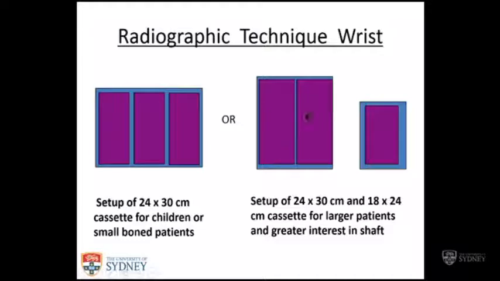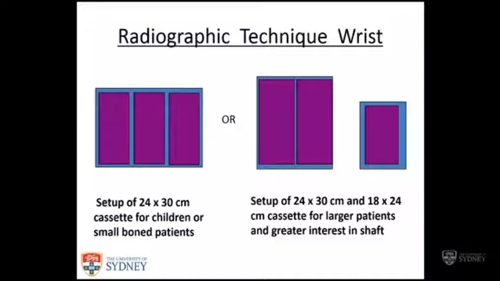But when you've got two on the one cassette, for example a PA and a lateral, it would try and average out PA and lateral density and give more of a compromise. These PA and oblique are almost the same, so it doesn't matter. So whenever you can, the anatomy that's thickest, try and put on its own cassette so the computer program can basically optimise that separately.